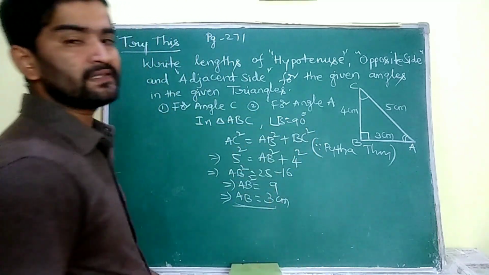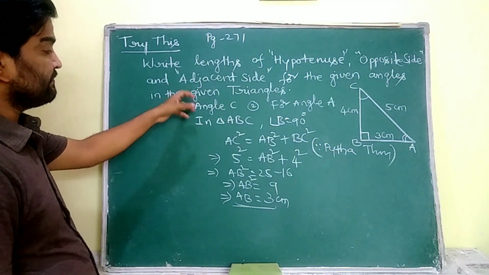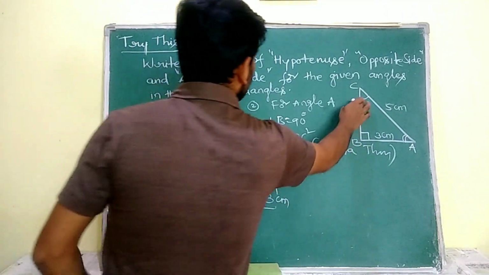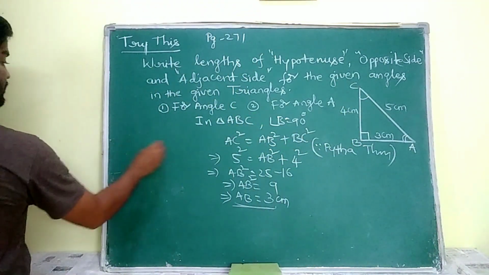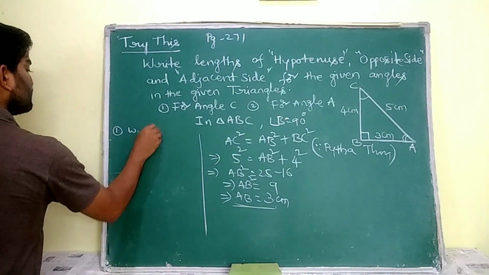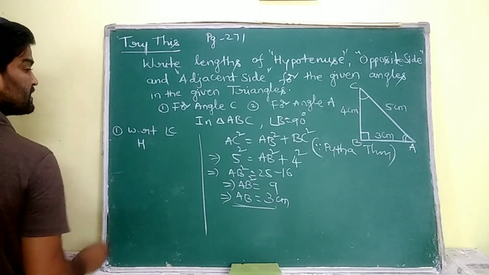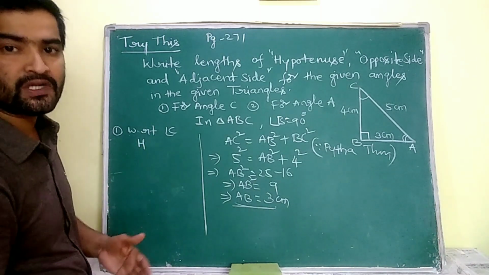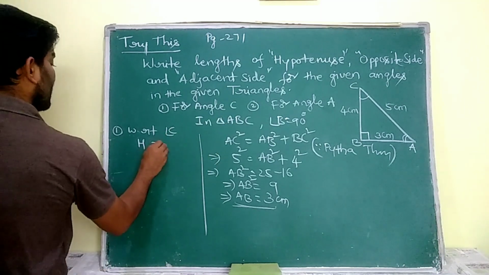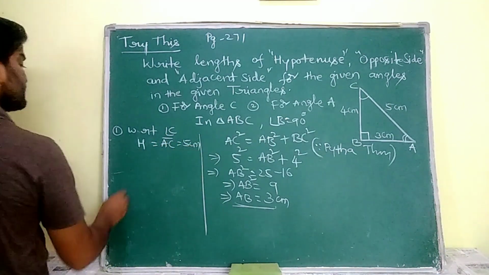So now we know all the 3 sides. Now tell me, in triangle ABC, with respect to angle C. For the first one, with respect to angle C, the hypotenuse is always the side opposite to that 90 degrees, that is AC. Hypotenuse AC is equal to 5 centimeters.